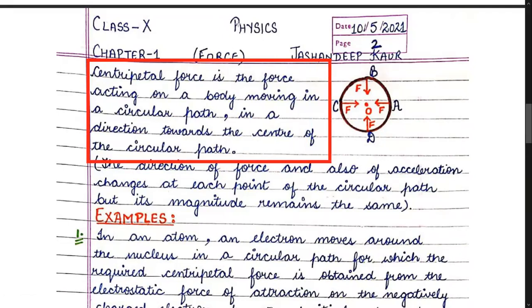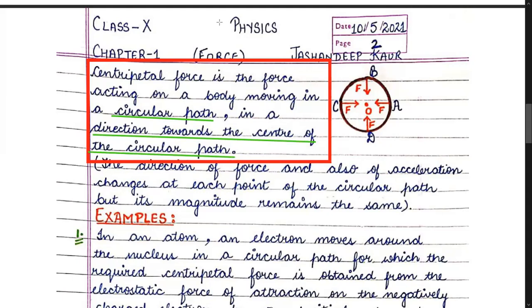This force will always be acting if the body is moving in a circular path. What is the direction of the force? Direction towards the center of the circular path.